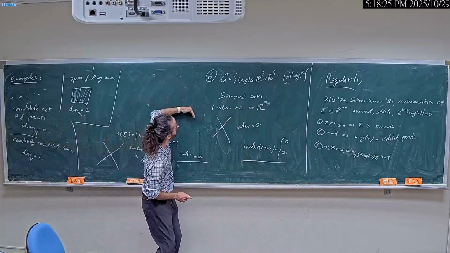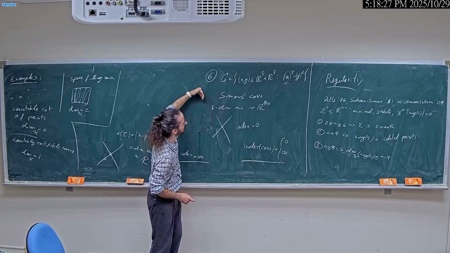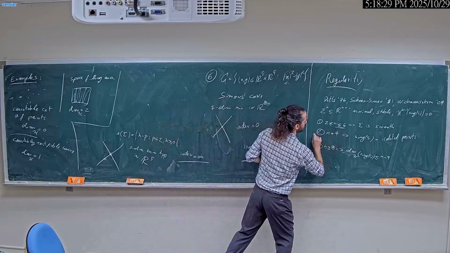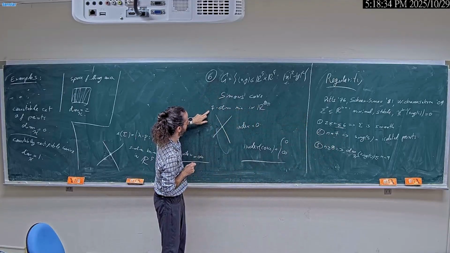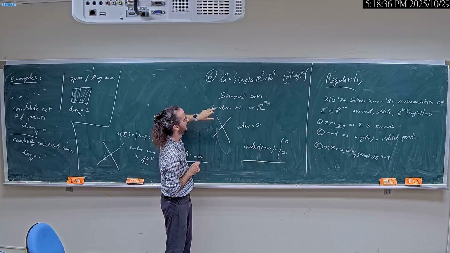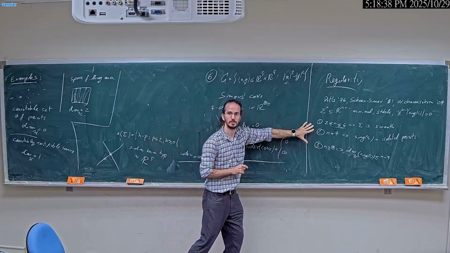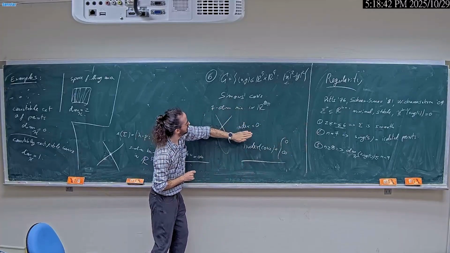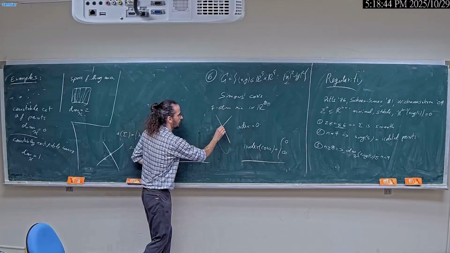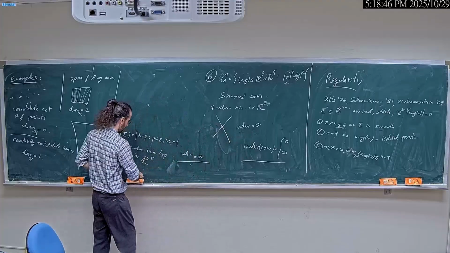Now here, I'm past the smooth dimension. I'm in dimension 7, right? My cone has dimension 7. And this is showing exactly that this result is sharp. Right? You have a stable, meaning index 0, minimal surface with one singular point. Okay?